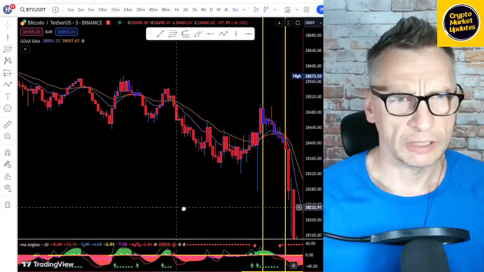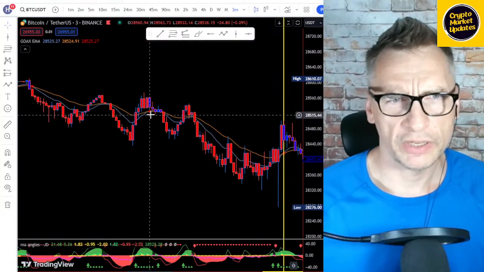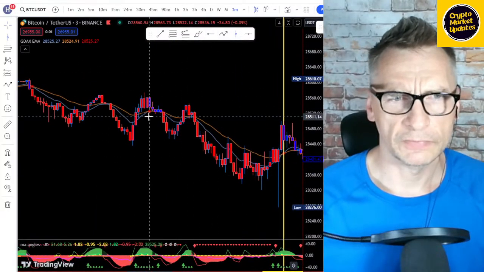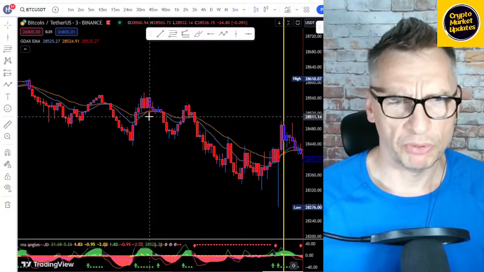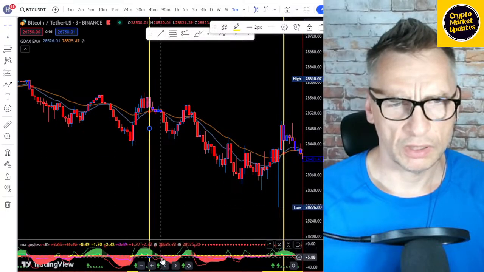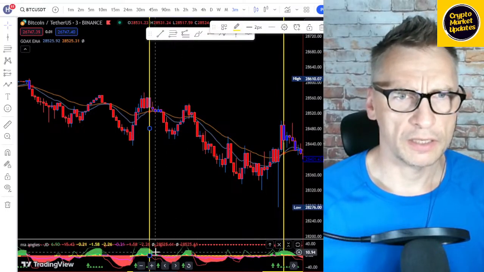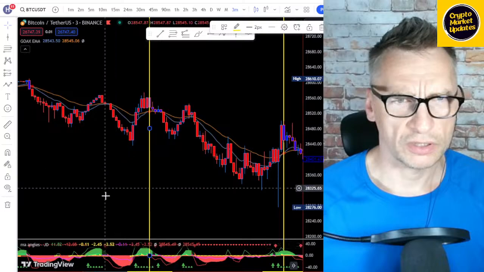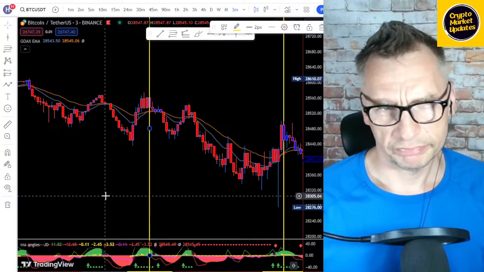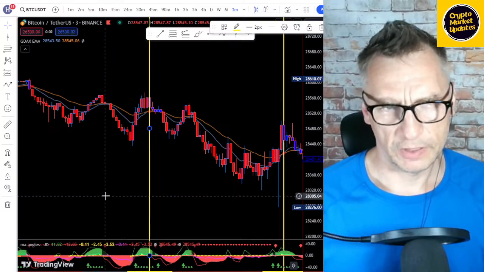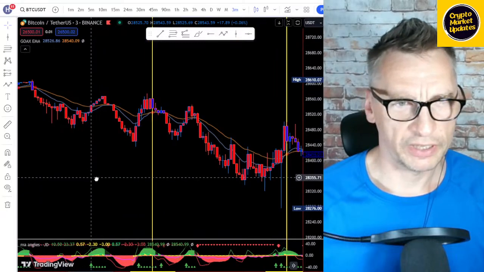So not too great. Over here is another buy signal. Let's see. But the indicator on the MA angle is actually going in the opposite direction, kind of like, I don't know, bearish divergence.